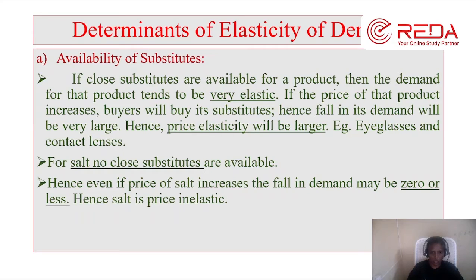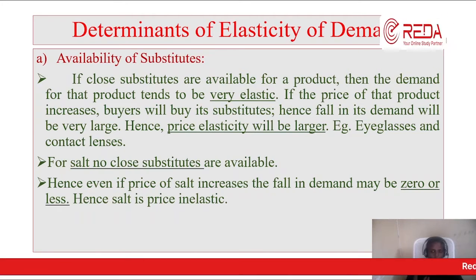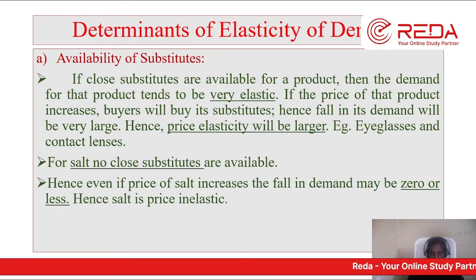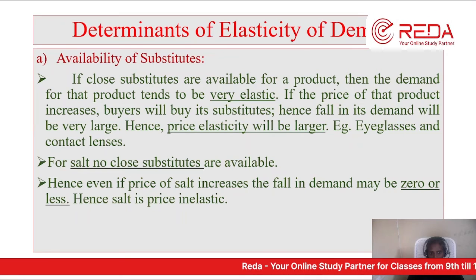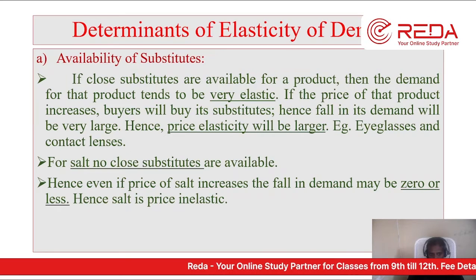So this is how the demand for the substitute depends on the price of the substitute goods. The price elasticity will be very large. We can give many examples like eyeglasses and contact lenses, but in the case of a few commodities, like salt, if the price of salt goes down, what will happen?